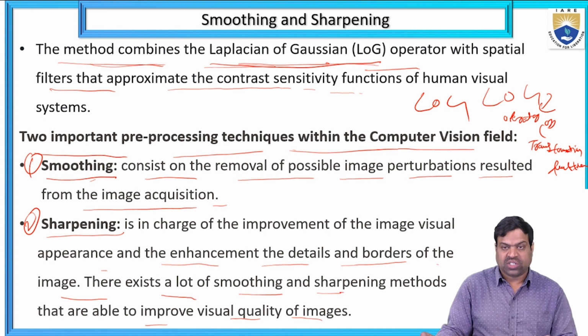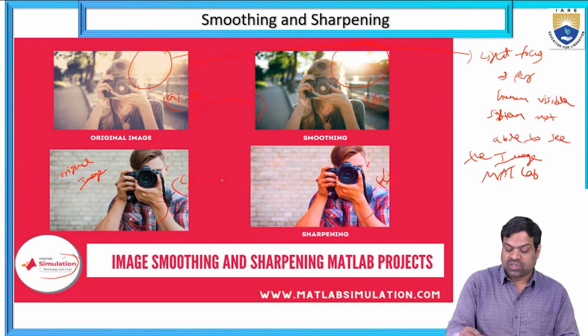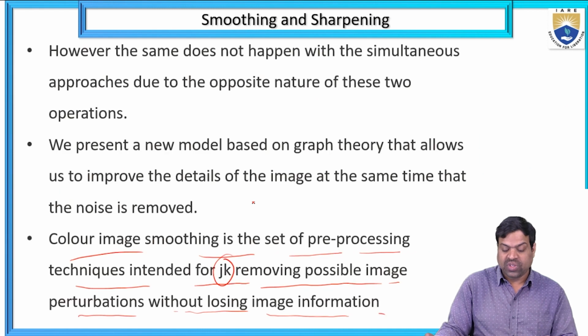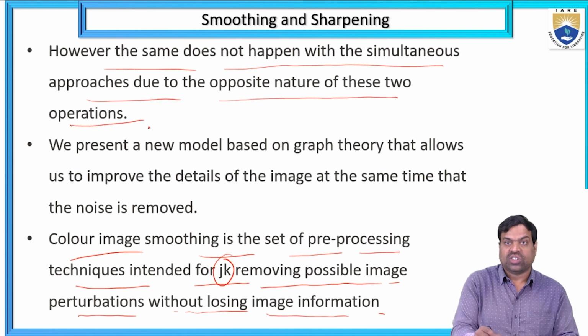There exist many smoothing and sharpening methods that are able to improve the visual quality of the image. The original image goes into smoothing, and the original image goes into sharpening. The same does not happen with simultaneous approaches, due to the opposite nature of these operations.